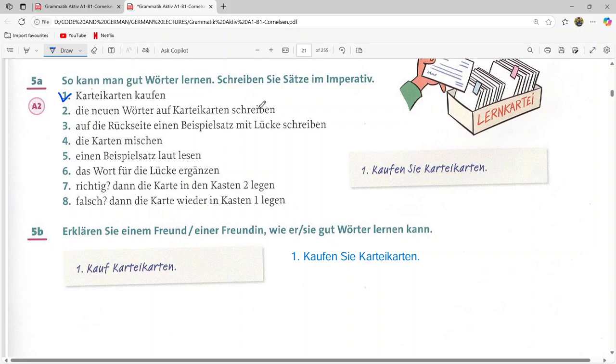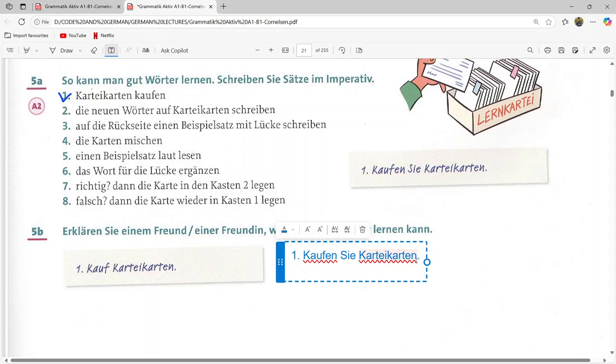The verb is schreiben, so the verb will go first, and then we add Sie. Schreiben Sie die neuen Wörter auf den Karten.